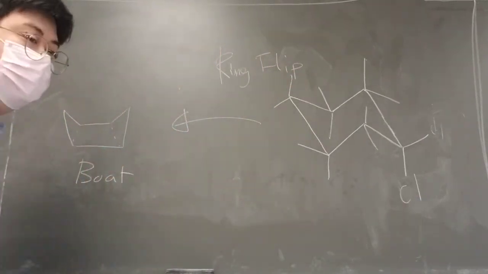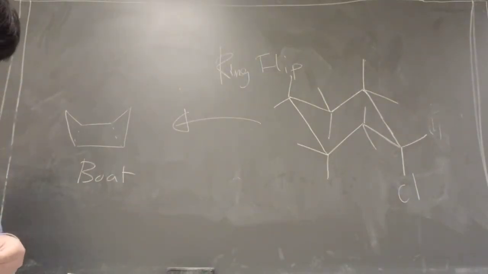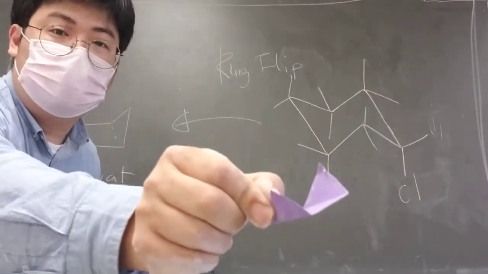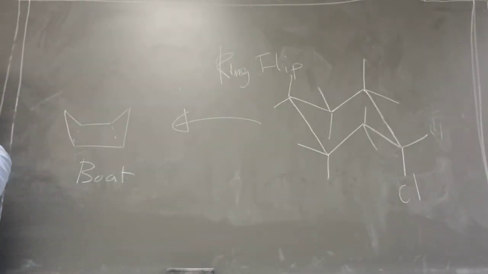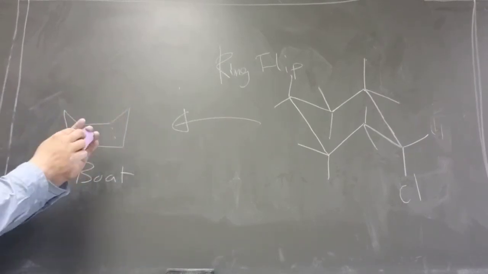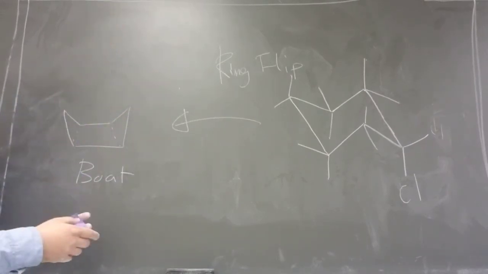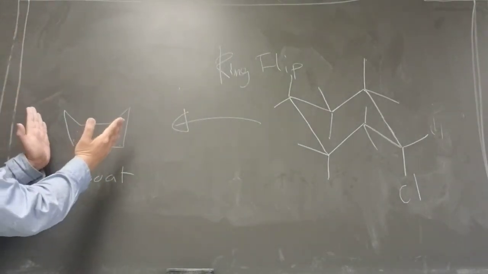But here it will be more like the same side. So it's like a boat here. It's literally like this, but it's still just this shape. We're just looking at it in the top side view, but now it's folded on the same side.